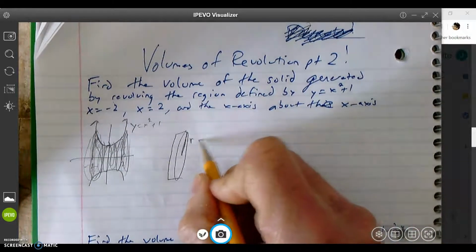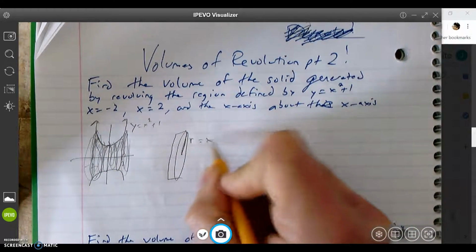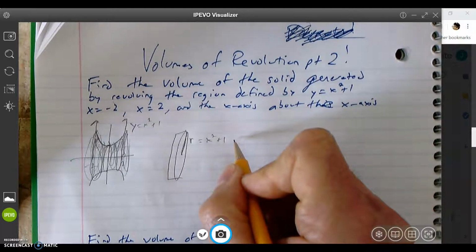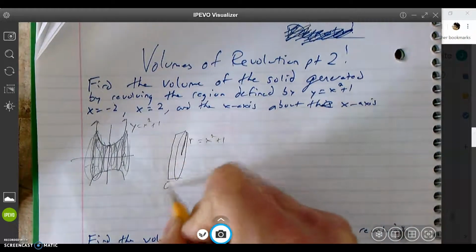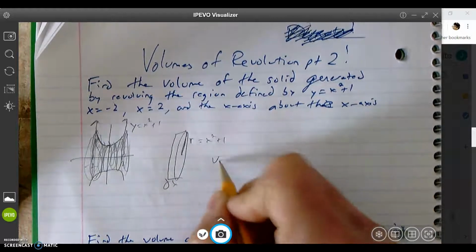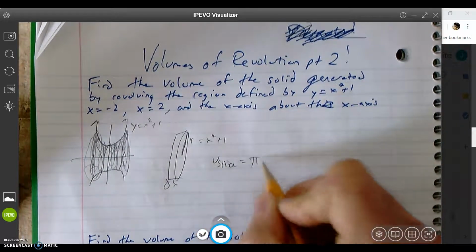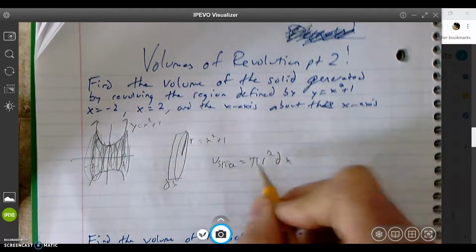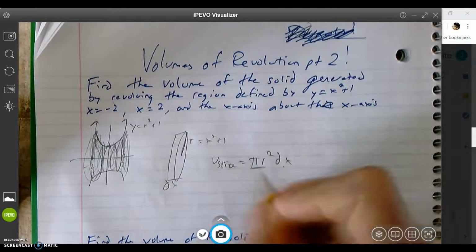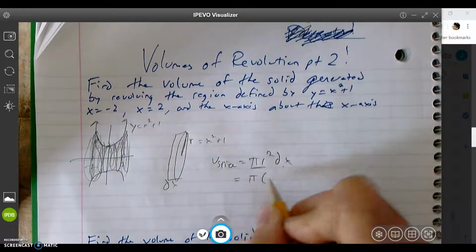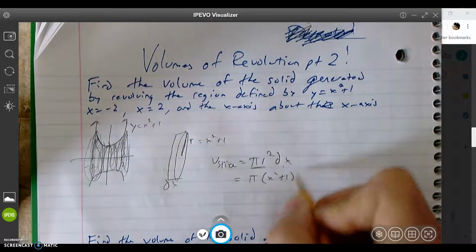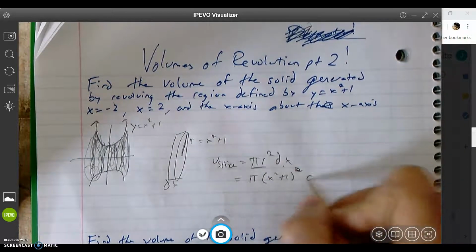All right, let's see what we got. The radius would be the top minus bottom, which is x squared plus 1 minus 0. The width is dx. So the volume of a slice is going to be pi r squared times dx, the area of the base times the width, so it's pi times x squared plus 1 squared dx.